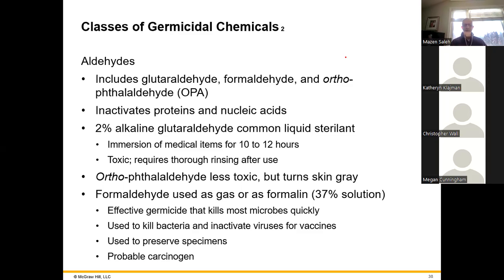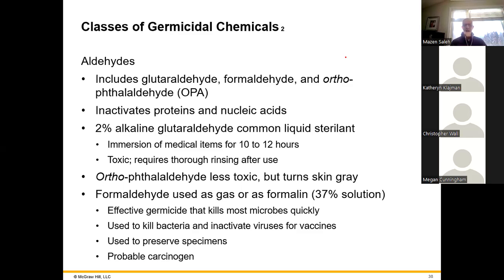They are considered more toxic than alcohols, however. They're commonly used at a concentration of about 2% in an alkaline solution. That's the form they're typically used in. And for treatment of medical implements, the implement is simply immersed for up to 12 or more hours.